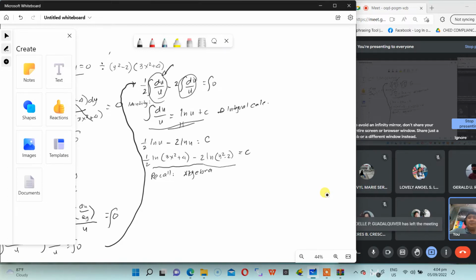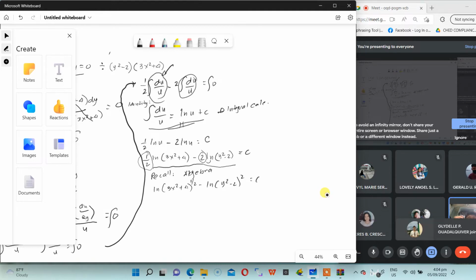Remember, if you have a constant multiplied on your natural logarithm, it transforms like this: 3x squared plus 4, and that multiplier becomes its exponent. So 1/2 minus ln of y squared minus 2 raised to the power of 2 equals C. Your multiplier will be the exponent. Please remember that.